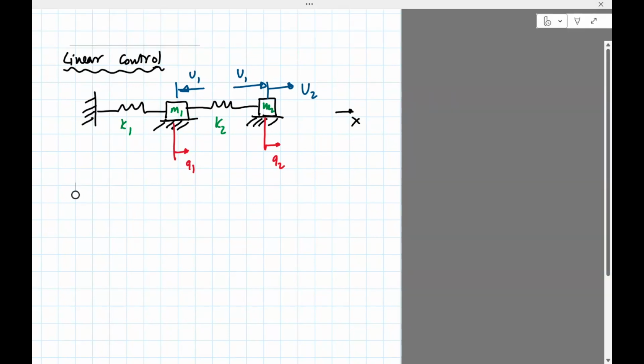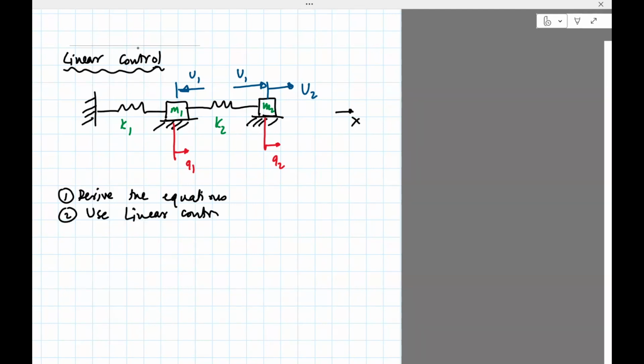Okay, so we will, number one, derive the equations, and then use linear control. And this will be in the time domain.